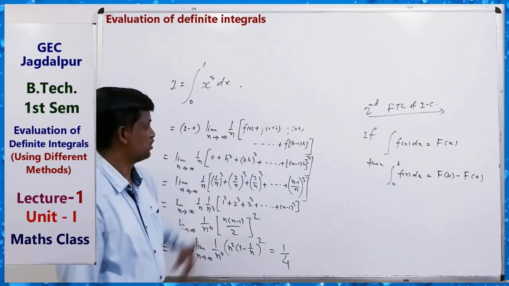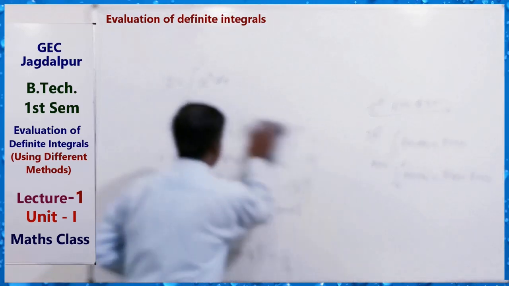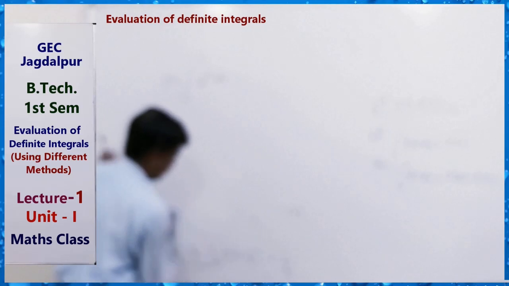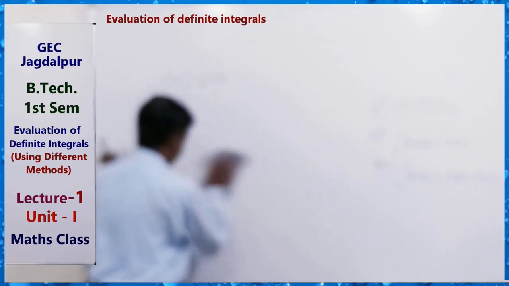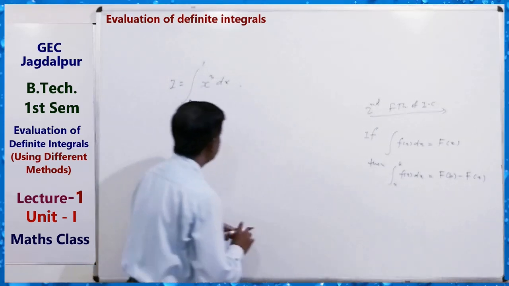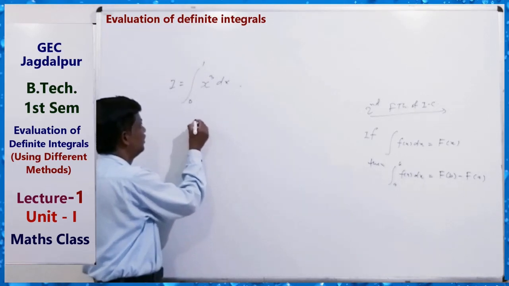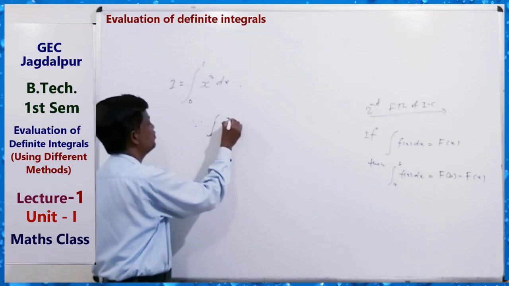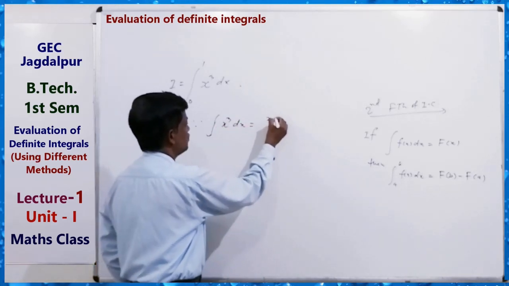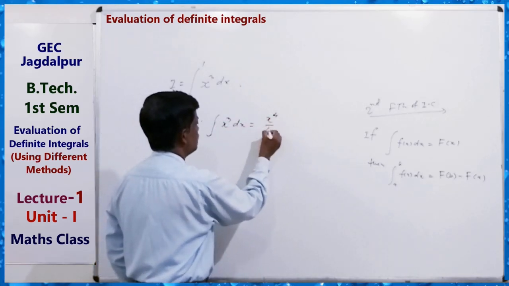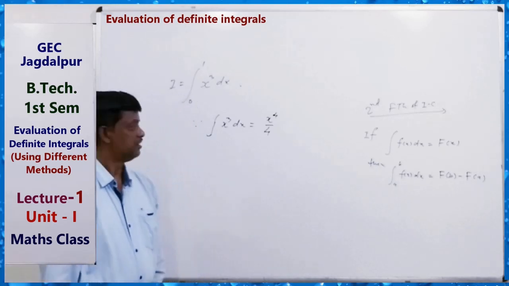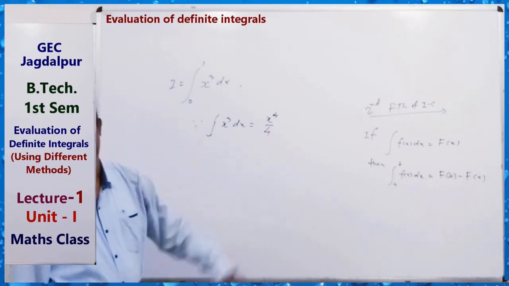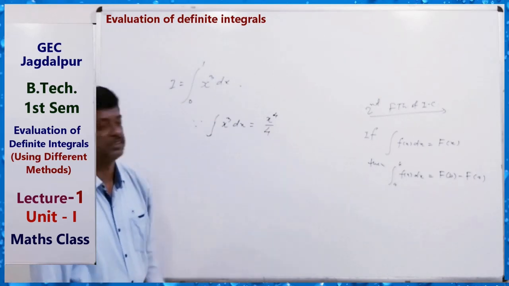Okay. So without limit, first of all you have to find the value. Integration without limit of x cube dx equals x power 4 by 4. Since this is without limit, that is capital F(x) equal to this.